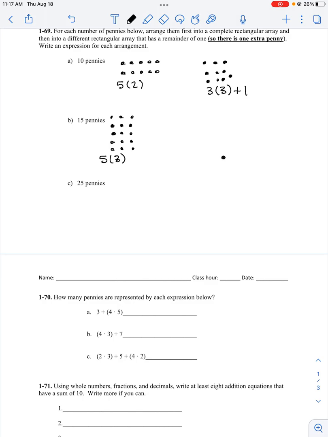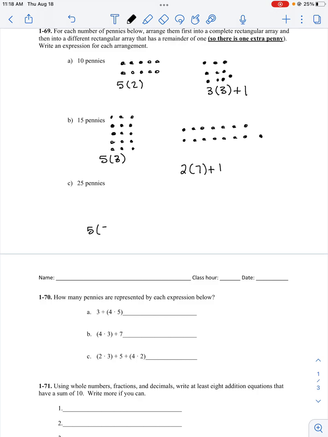But if I want 1 left over, I'm left with 14, so I could do 7 groups of 2, or 2 groups of 7 plus my 1 left over. So 1, 2, 3, 4, 5, 6, 7. 1, 2, 3, 4, 5, 6, 7. I'm going to move my extra dot over here.